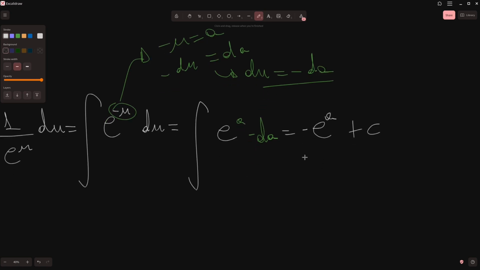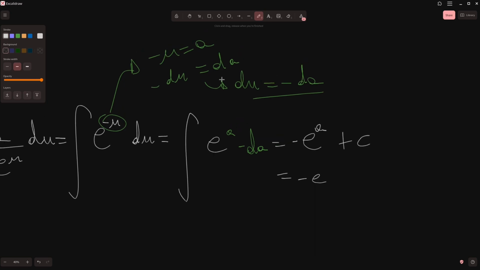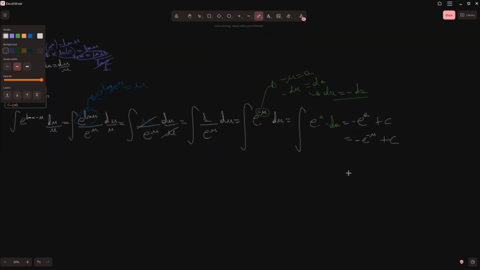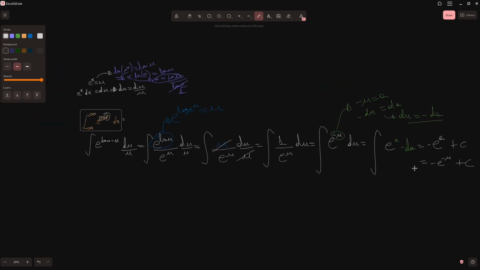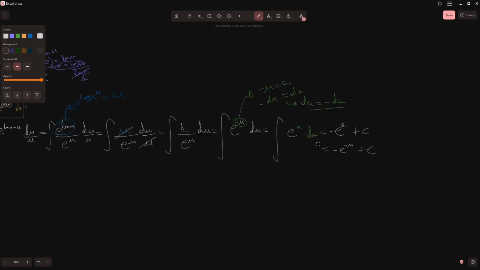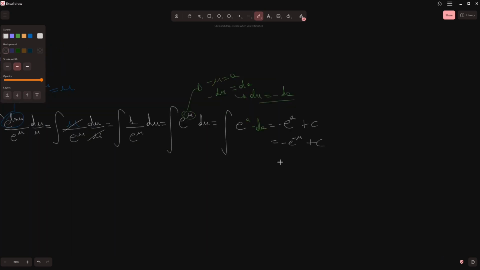So this is equal to minus e to the a, which is minus e to the minus u plus c. So once we have this, we can use the original term here. So we know that e to the x is u, so we can replace here.